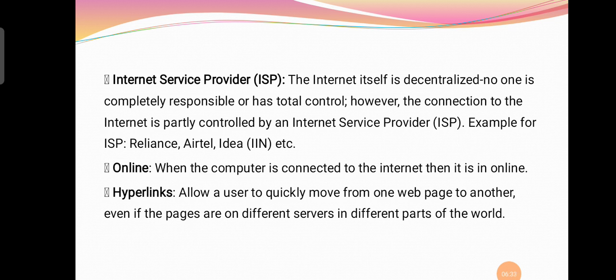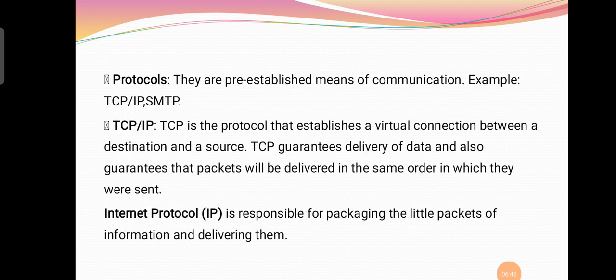Hyperlinks allow a user to quickly move from one page to another. Then protocols are a pre-established means of communication. They are a set of rules that tell how to package data, how to transfer the data, and what rules are to be followed on the internet, etc.